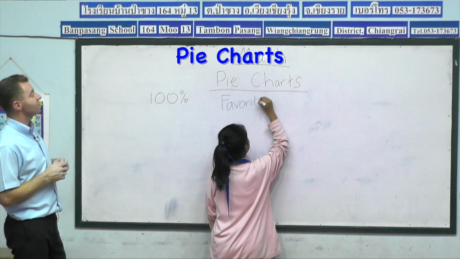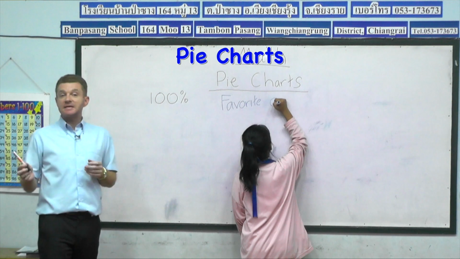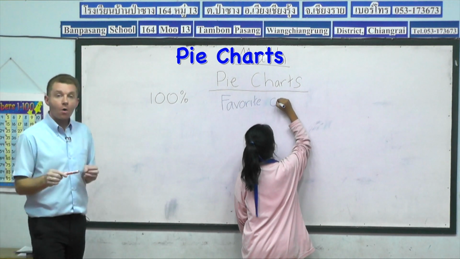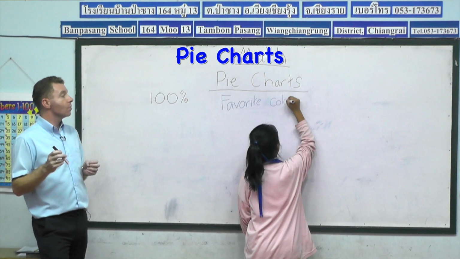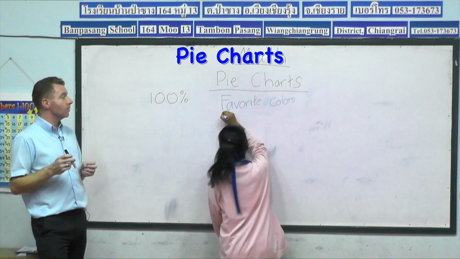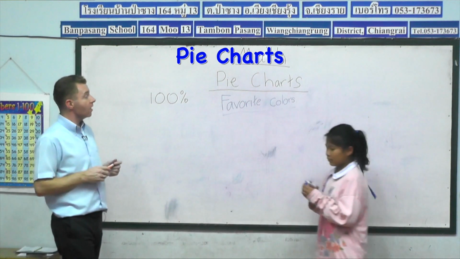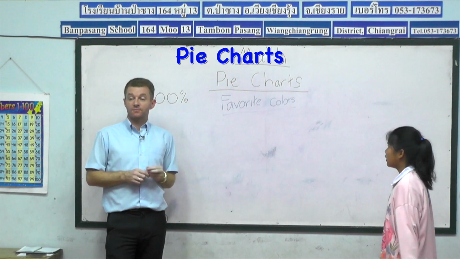F-A-V-O-R-I-T-E. Favourite. And then colours. C-O-L-O-R-S. Brilliant, Lacko. So the title of our pie chart is Favourite Colours.